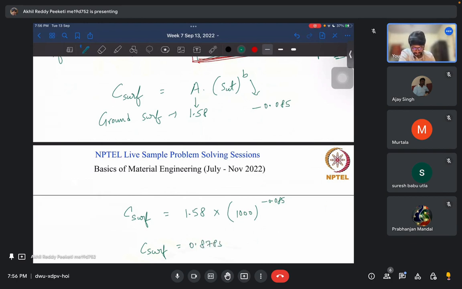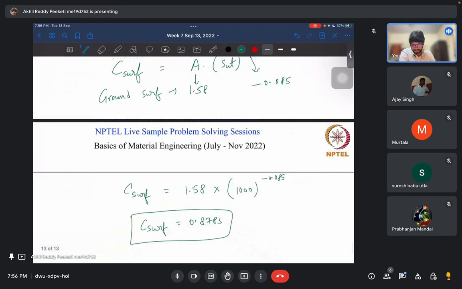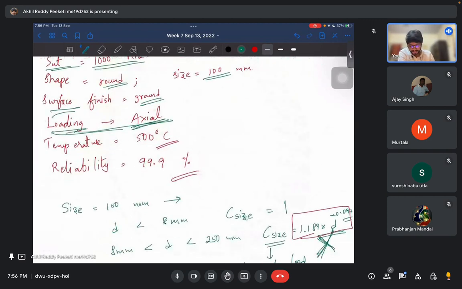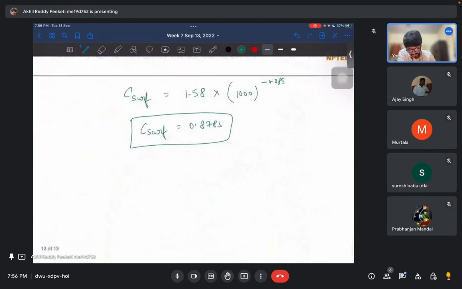Okay. Now we got the two correction factors due to size and surface finish. Now its loading is given as axial. So what should be the loading correction factor? For axial loading, the loading correction factor is 0.7.